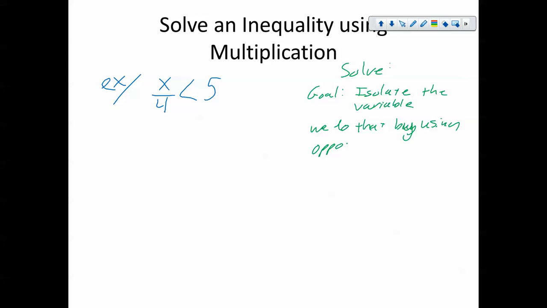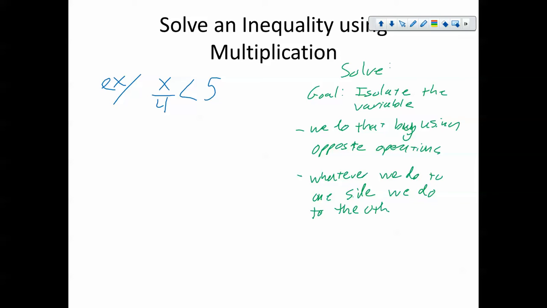And the final thing we have to keep in mind is whatever we do to one side, we do to the other. All of these general rules about solving still apply to what we're doing here. So we're going to isolate the variable by doing opposite operations.